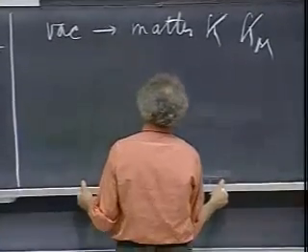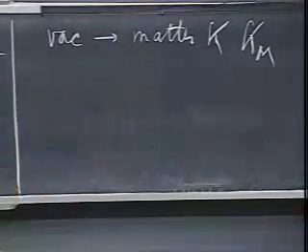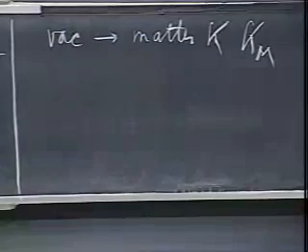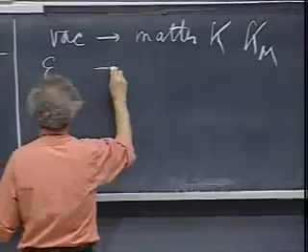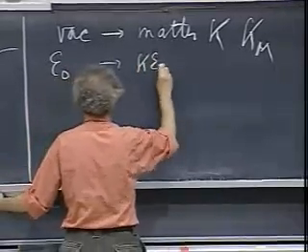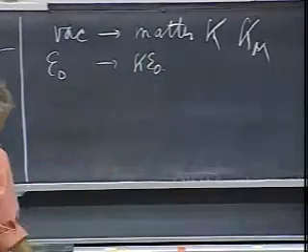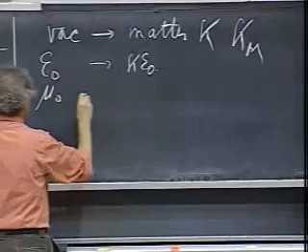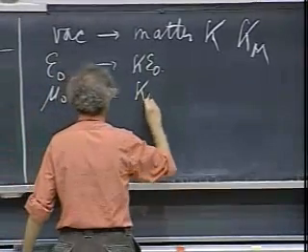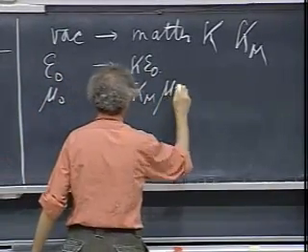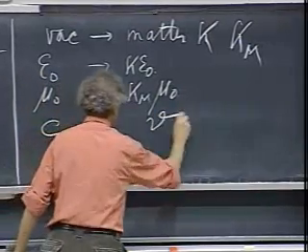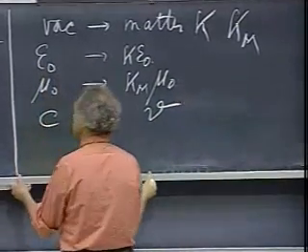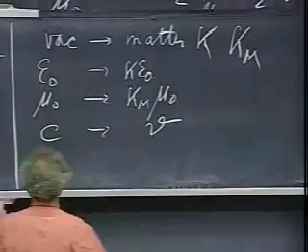And so now, all you have to do, if you go to Maxwell's equations, if they were given only in vacuum, then you have to replace epsilon 0 by kappa epsilon 0. That's already done there. And you have to replace mu 0 by kappa m times mu 0. And therefore you have to replace c by v, because the velocity of electromagnetic radiation is different in matter.